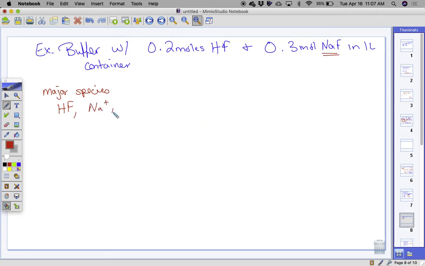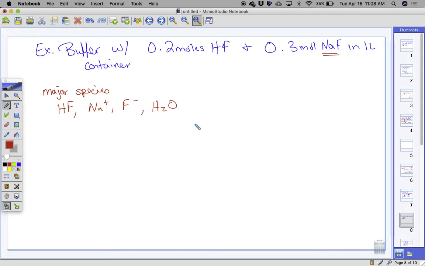Na plus and F minus. And what else is there? Isn't F usually F2? Ions came from salt. The salt's dissociating. We don't have gaseous fluorine. Nope, we're not making stuff from nothing. No, the salt dissociates. That's what's floating around, like you throw it all together, that's right what's there, right?